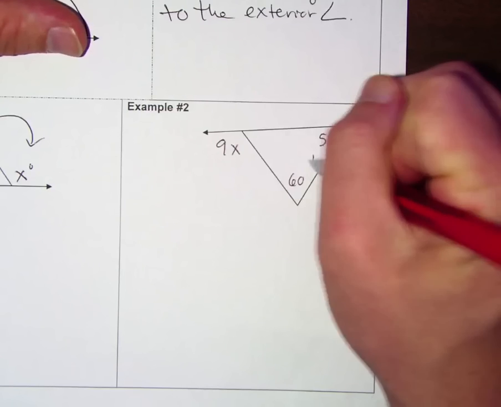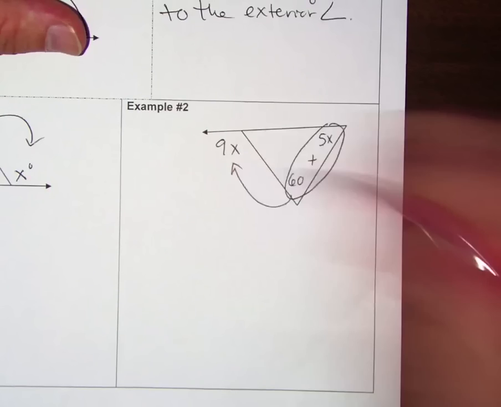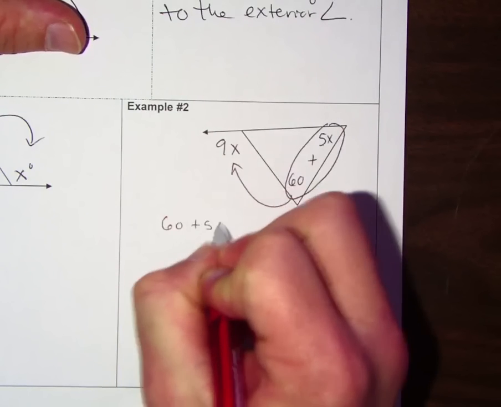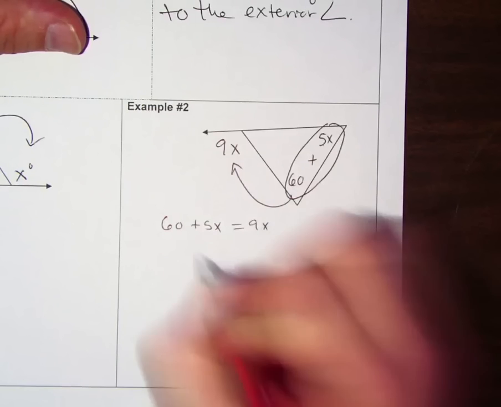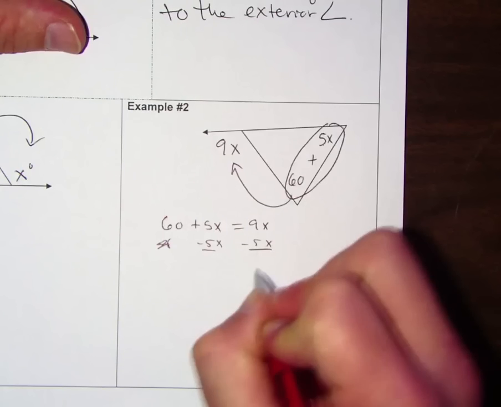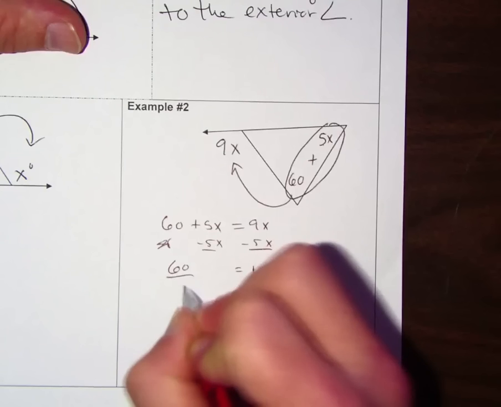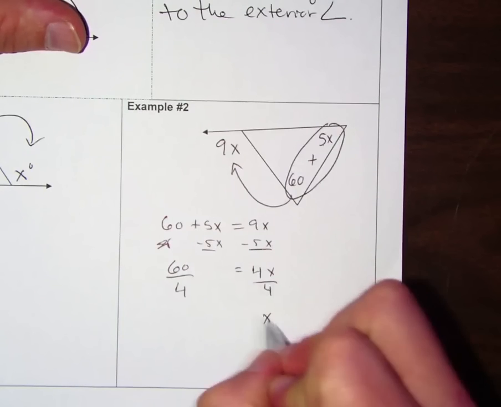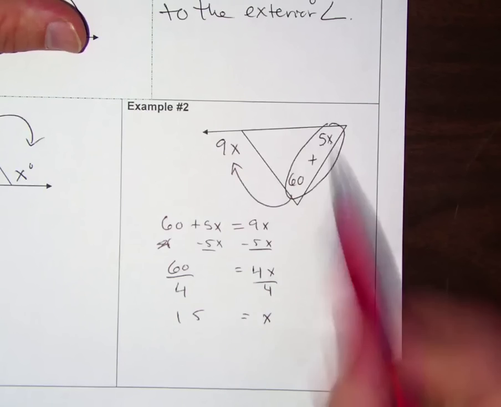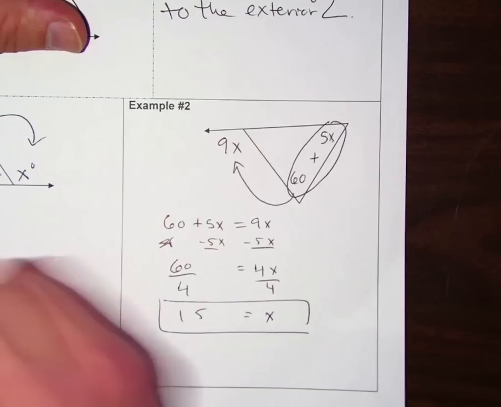So instead I have to say these are the non-adjacent or the remote interior angles, and their sum is equal to that exterior. So 60 plus 5x is equal to 9x. Take away 5x from both sides. You have 4x equals 60. Divide both sides by 4, and x is 15. Make sure to find what they ask for. If I say find this angle or find this angle, substitute the 15 back in.